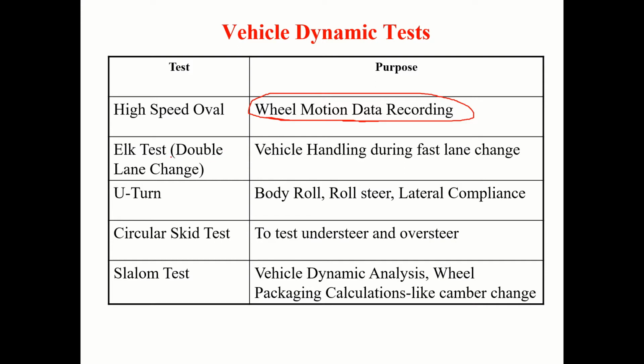The EL test is a double lane change: you go like this, change the lane, and come back again. It tests vehicle handling during fast lane change. In the U-turn, you can study body roll, roll steer, and lateral compliance. The circular skid test tests understeer or oversteer vehicles, which I explained earlier. The slalom test gives vehicle dynamic analysis and wheel packaging calculations like camber change.